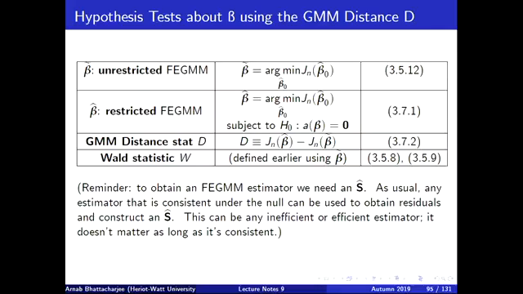Beta where? Well, beta at the alternative hypothesis. Of course, you can look upon this as a difference as well, but asymptotically these two are equivalent. So we really look upon this as a Wald test.